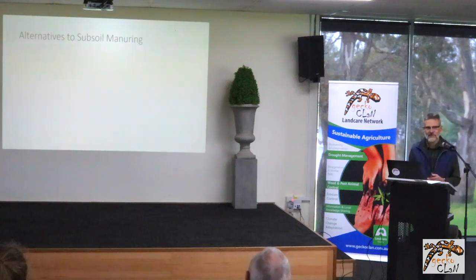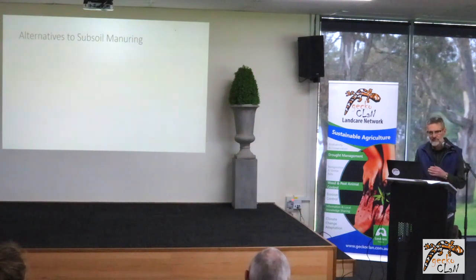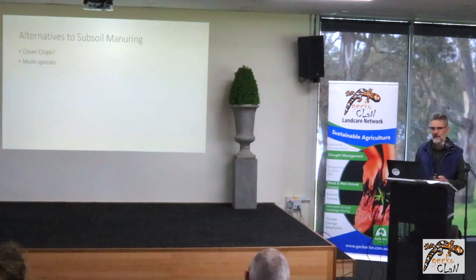So I thought, what's the next step after subsoil manuring? Peter and I have been thinking about whether we can use cover crops. There's a lot of action in regenerative farming. So where are we going from here? Could multi-species cover crops help with texture contrast soils?